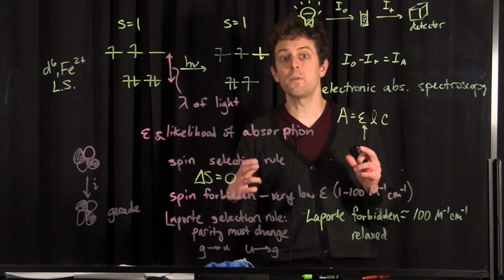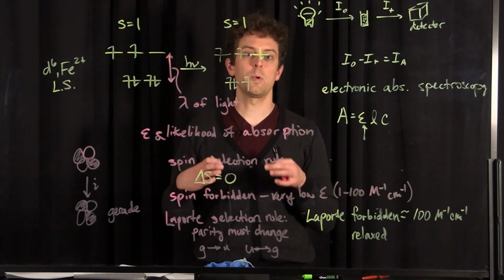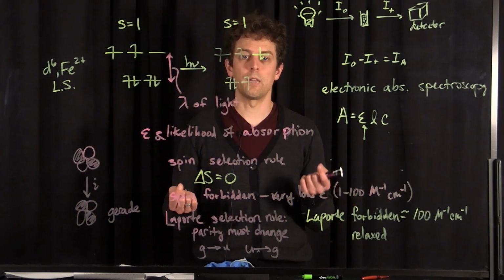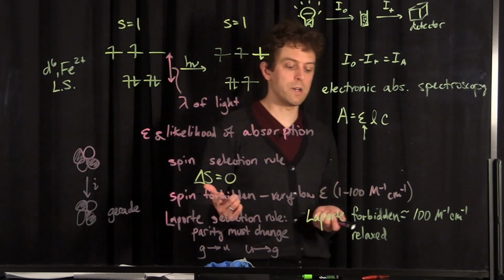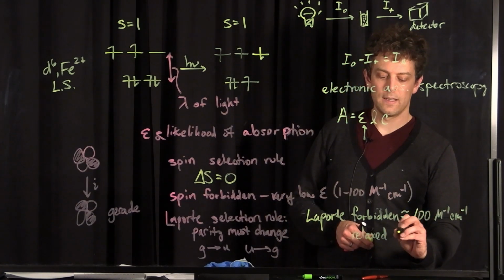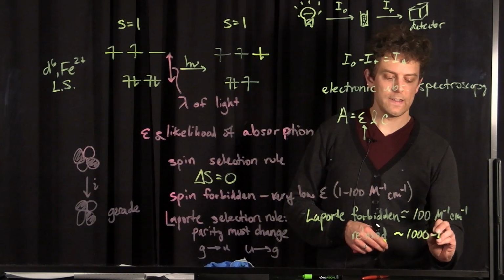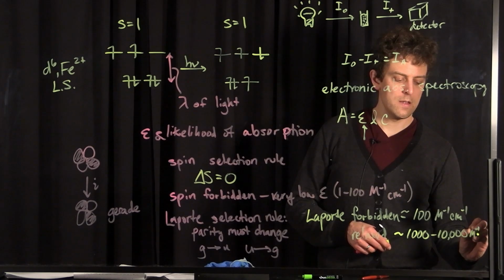You might look up C4v or D4h. D4h is your square planar point group, and Td is your tetrahedral point group. Compare the two on the character table, and you'll see one has G's and U's, the other one does not. That's pretty relevant to what we're trying to do here. A Laporte relaxed transition will be about 1,000 to 10,000, sorry, per molar per centimeter.